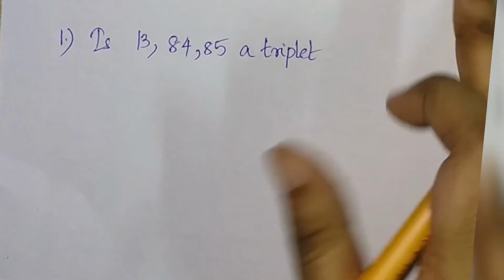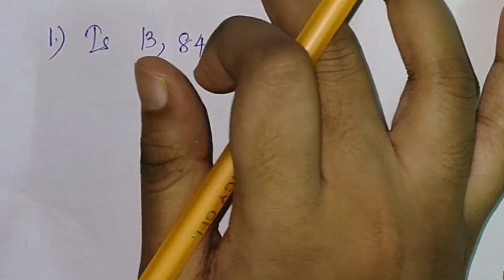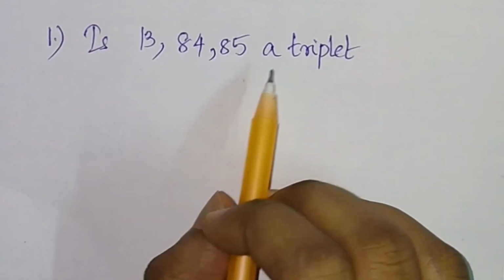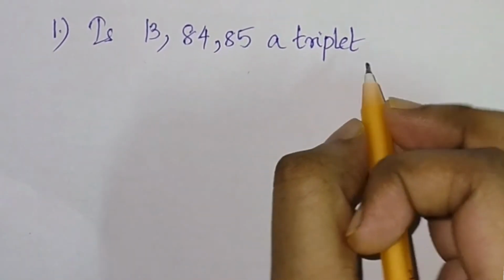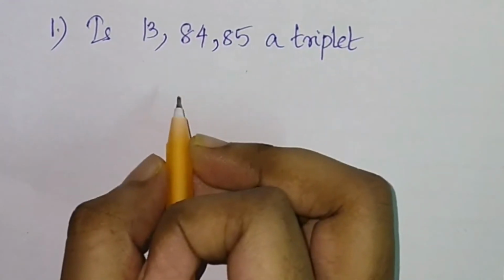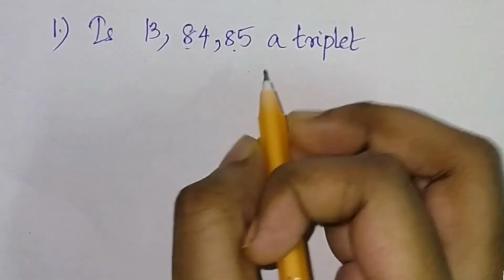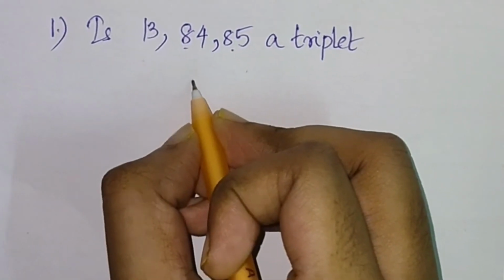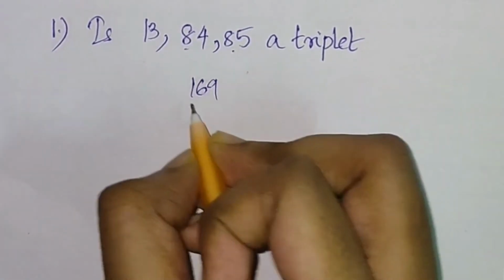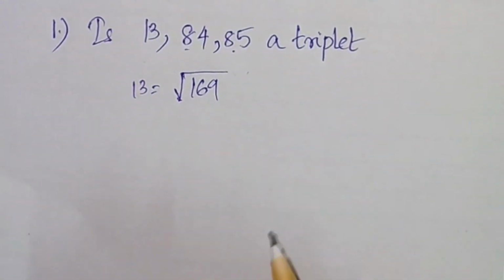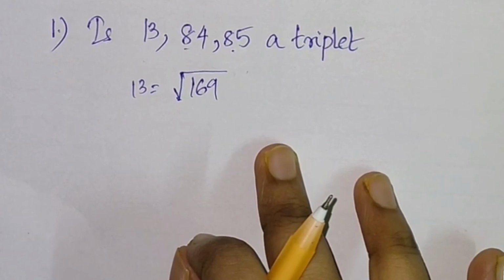If you are now familiar with this trick, you can just pause the video and try it out, but I'll still solve it for you. 84 plus 85 is 169, and the square root of it, as we all know, is 13. So solved in just a matter of 3-4 seconds, right?